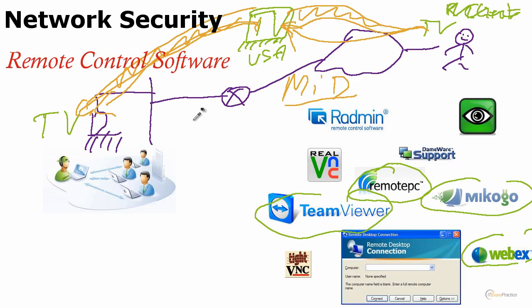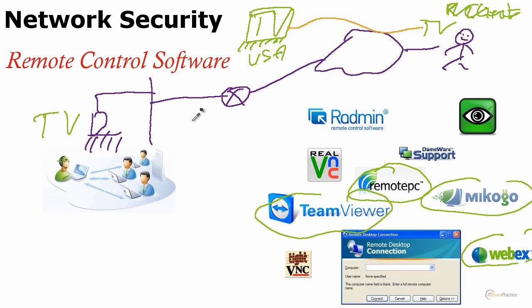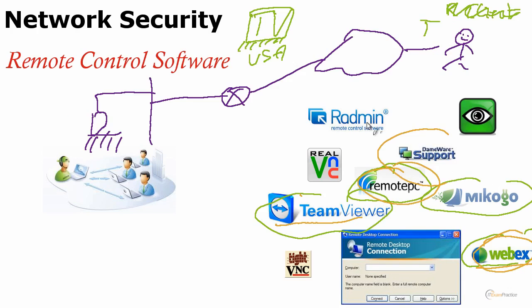That's why a lot of companies are not happy to use that. Well, of course, TeamViewer, WebEx, that's from Cisco, by the way, Remote PC and all these applications, the vendors will say, well, we'll never touch your traffic, we'll never do anything, and it's encrypted anyway. Still, you're going through a server that you're not in control of, right? And a lot of companies will not allow you to do that, unfortunately.